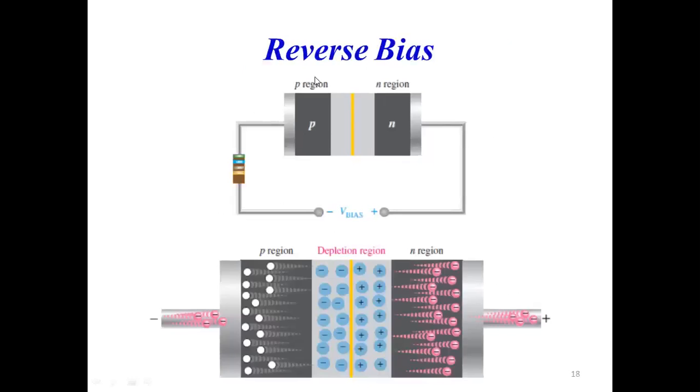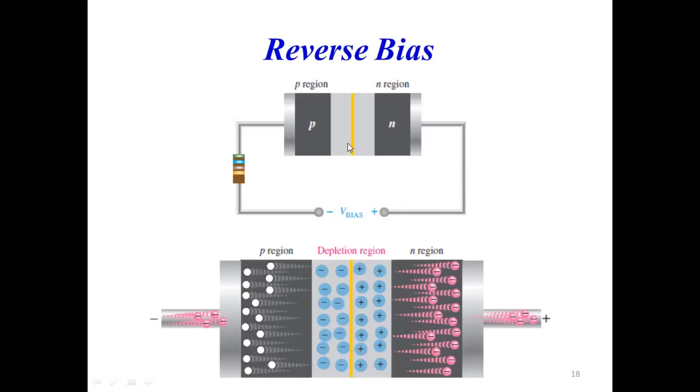Here, exactly opposite biasing you have to provide. The same PN junction is shown. This is the junction, and I'm applying here a negative voltage to the P region, and the positive voltage terminal to the N region. Okay. So what will happen? The holes which are present here, which are the majority carriers here, will be attracted towards the negative terminal, whereas the electrons, which are the majority carriers here, will be attracted towards this positive terminal.